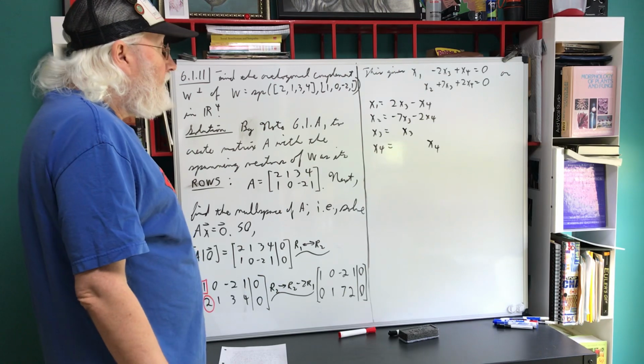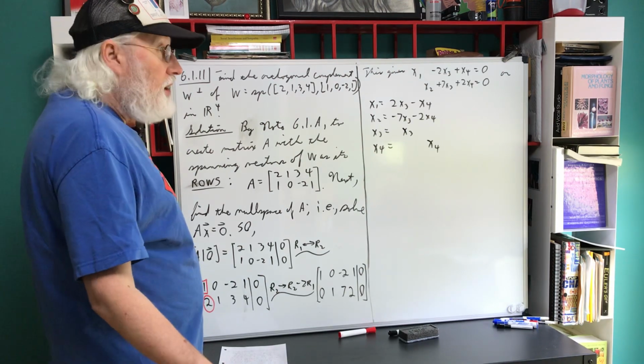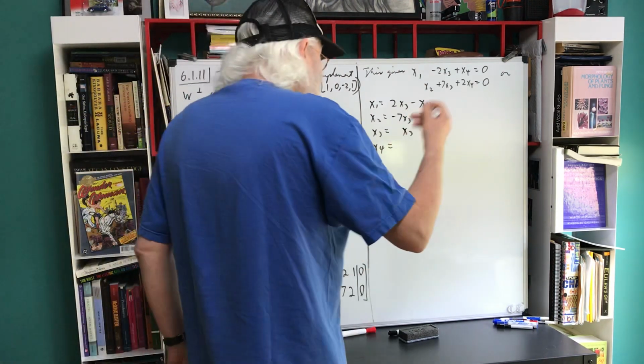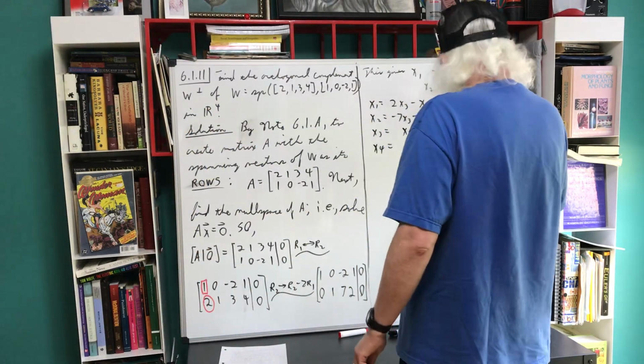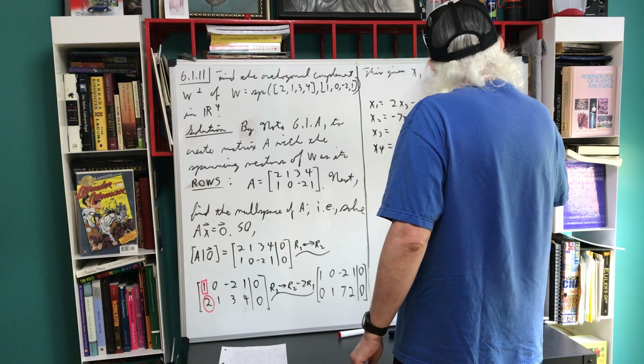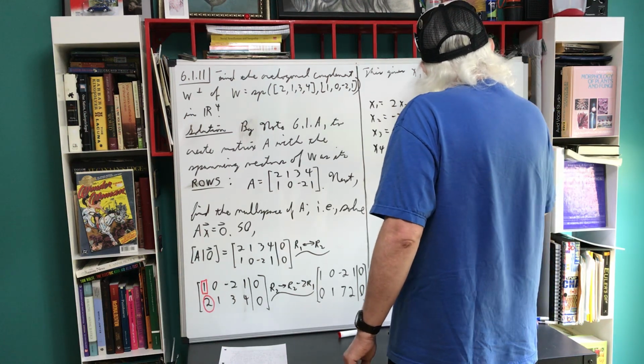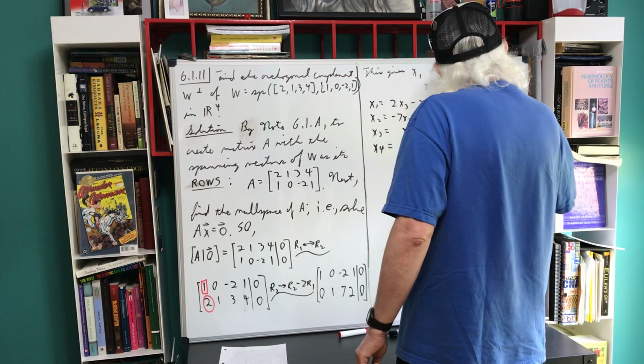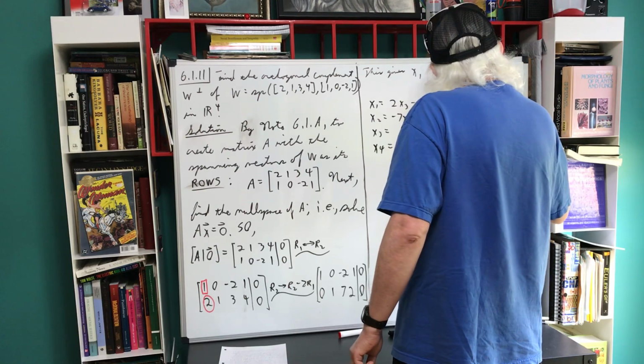Okay, let's let R and S be free variables, x sub 3 and x sub 4. So let R equal x sub 3 and S equal x sub 4.